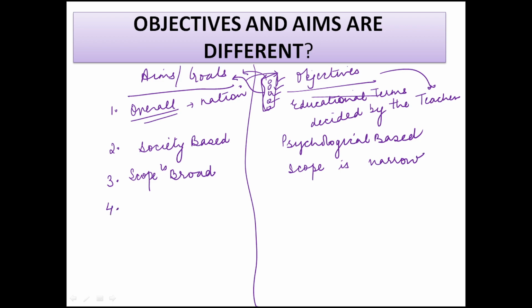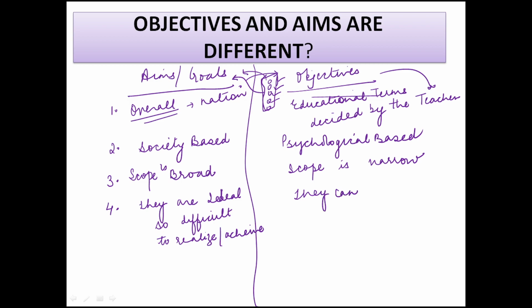Fourth, aims are ideals, so difficult to realize or achieve, whereas objectives can be realized completely.